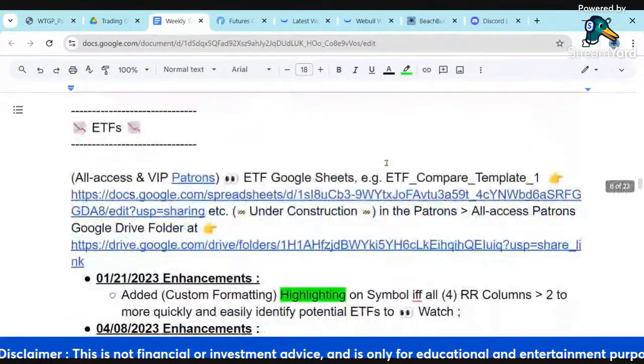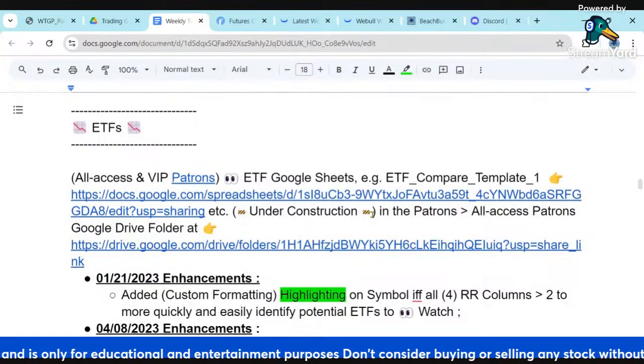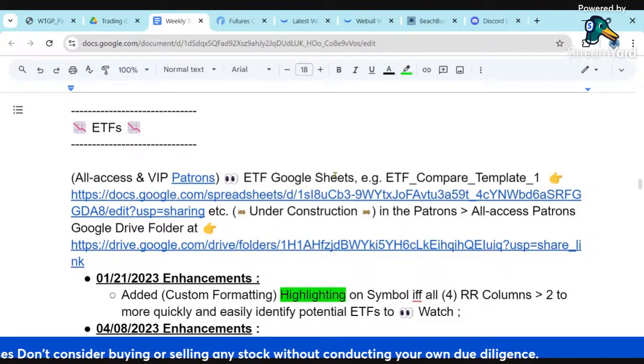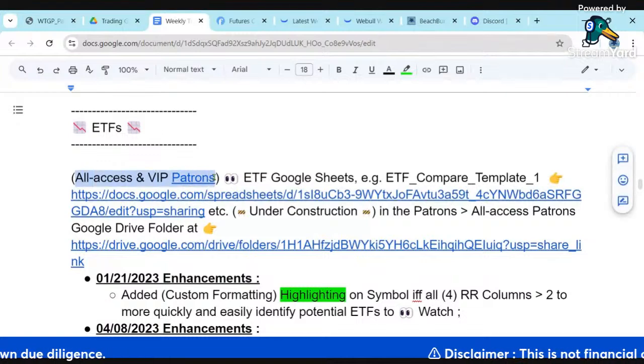So next we're going to jump into our ETF Google sheet. So we saw all these opportunities to trade the volatility in various indices, commodities, foreign currencies, etc. And if you're looking for an ETF, potentially with some leverage, to take advantage of those trade ideas, you can find those in our ETFs Google sheet.